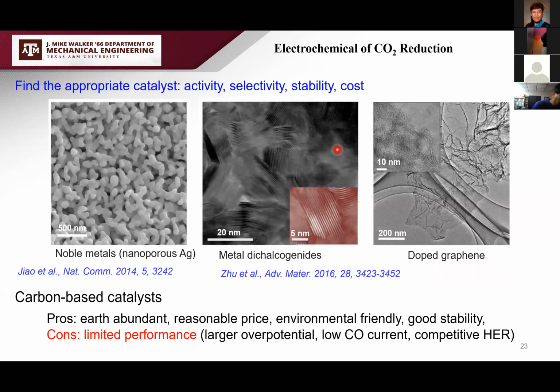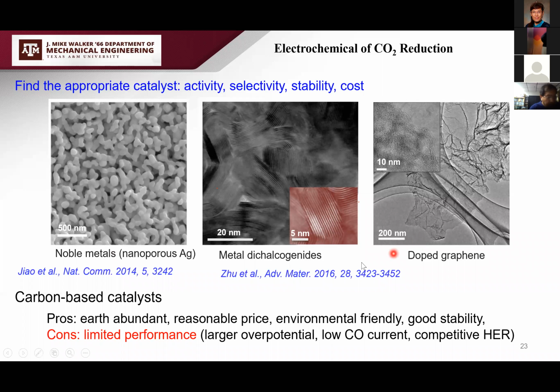One reason is that carbon is an earth-abundant material, and carbon itself is lower in price than metals. Of course, to fabricate those unique carbon structures, we probably need some energy-intensive process. But hopefully we can develop a more environmentally benign or low-cost process to produce this carbon material. That's the goal I'm working on.